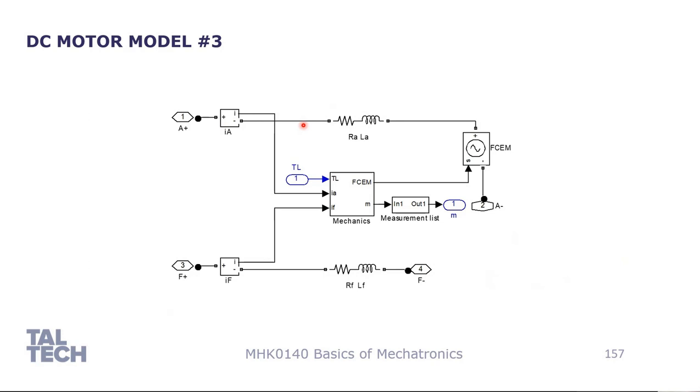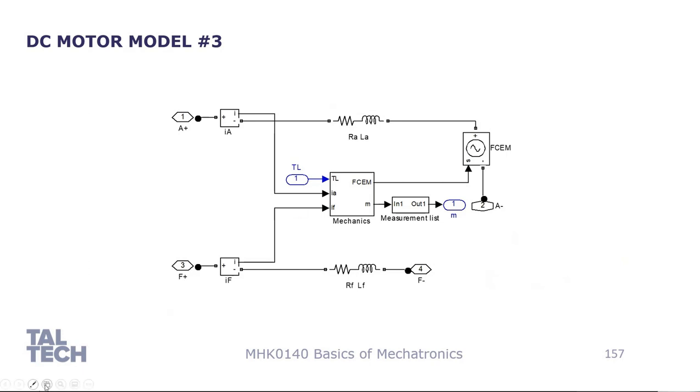MATLAB Simulink has special libraries with models that can imitate those connections. What is important for us as engineers, if we would like to use those models, is that we need to know how these components should be connected to each other.